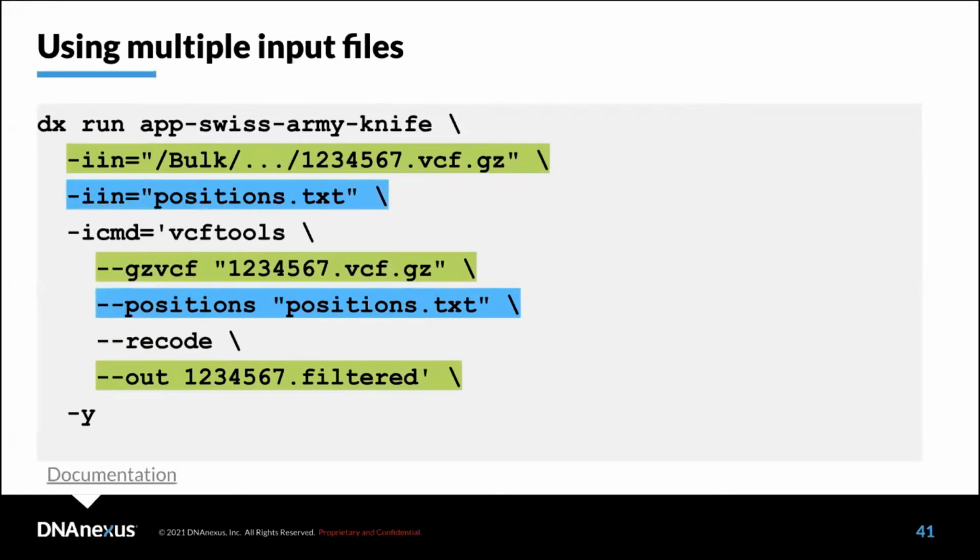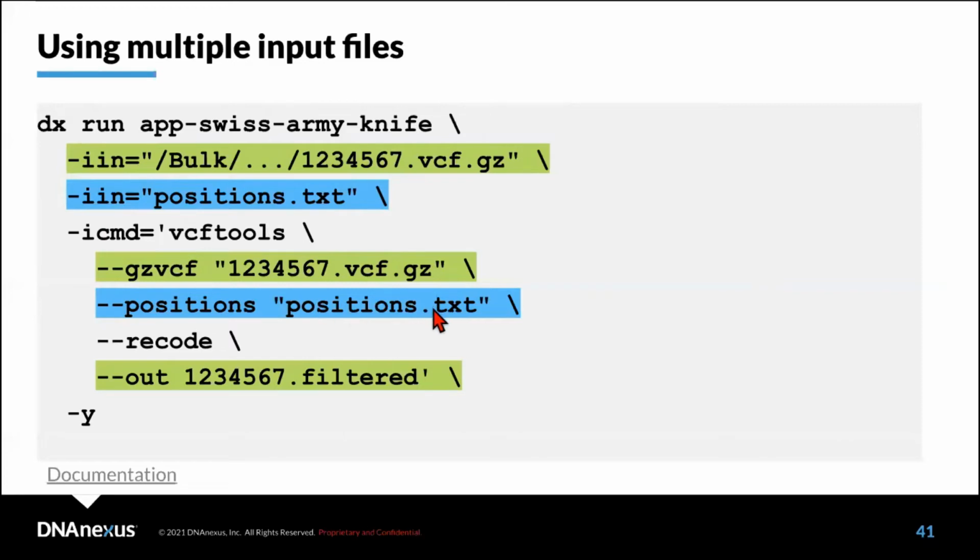Also, if we would like to upgrade a little bit, let's say that we have a VCF file and we would like to filter it by a list of positions. So now we have two input files, the VCF file itself and the text file with the positions. Again, here we have the hard-coded VCF file and the hard-coded TXT file for the positions.